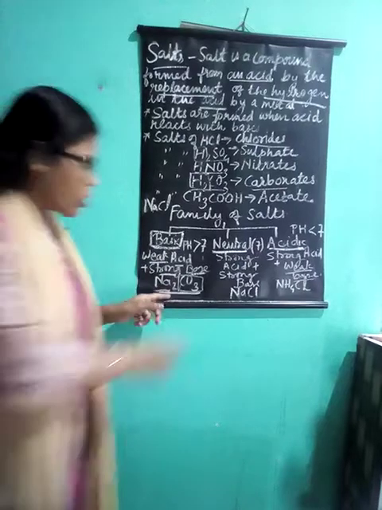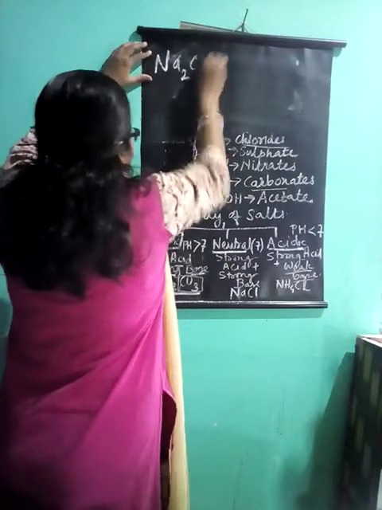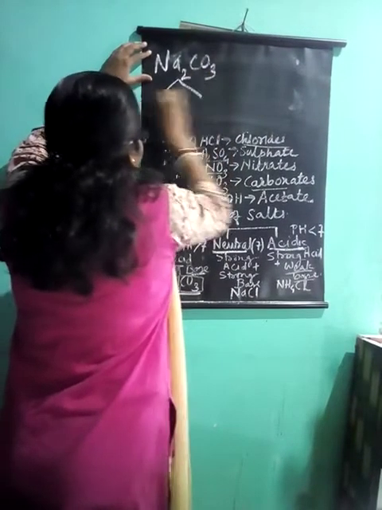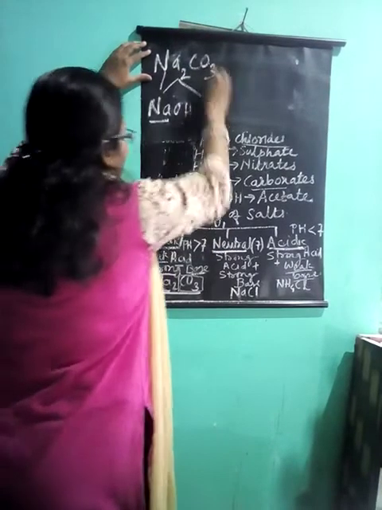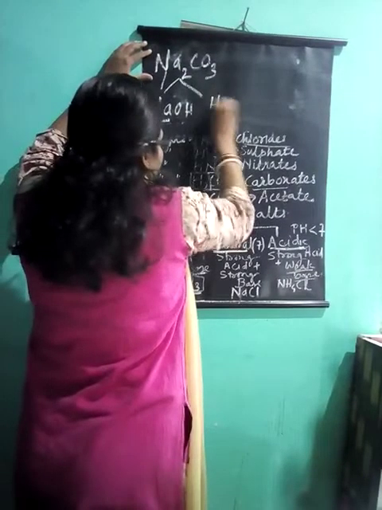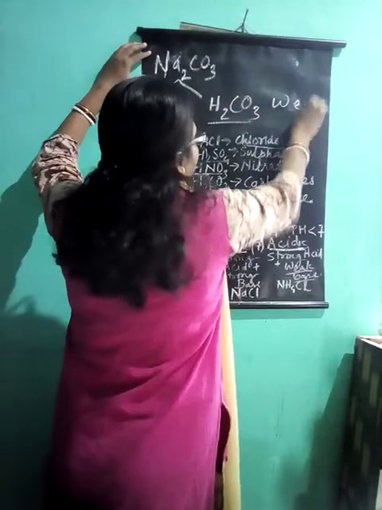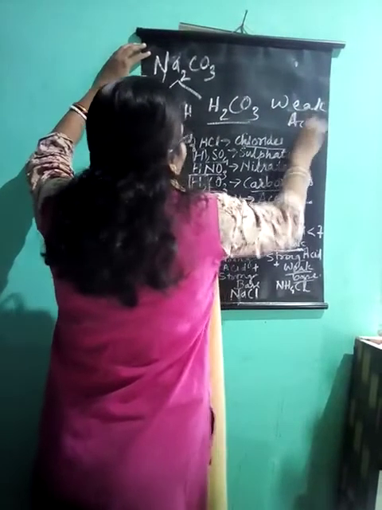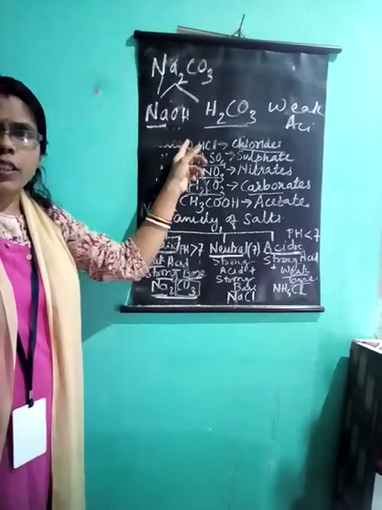So Na2CO3 is formed from NaOH for Na, and for CO3 it is H2CO3. H2CO3 is a weak acid and this is your strong base, so it is basic salt.